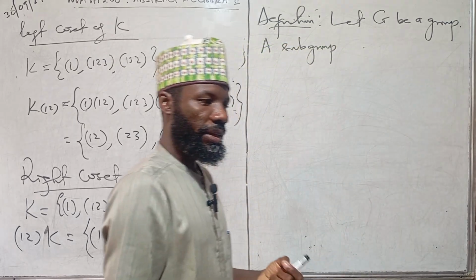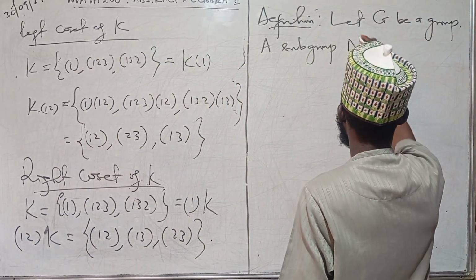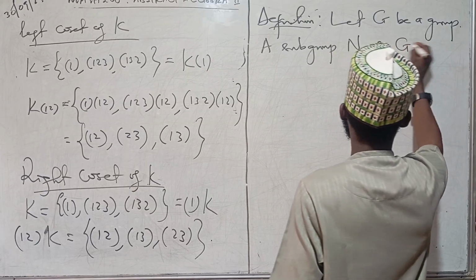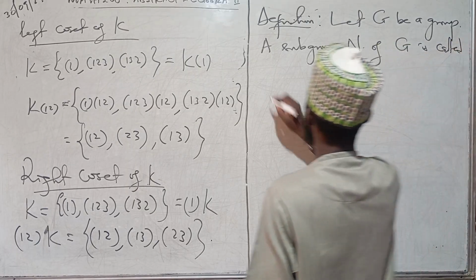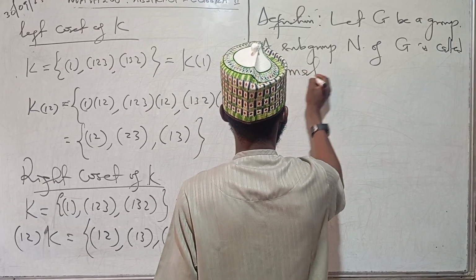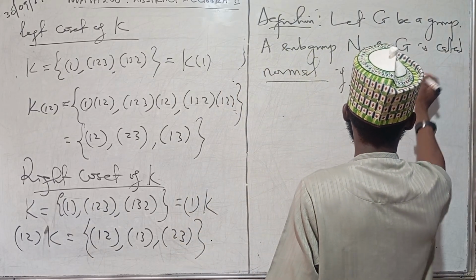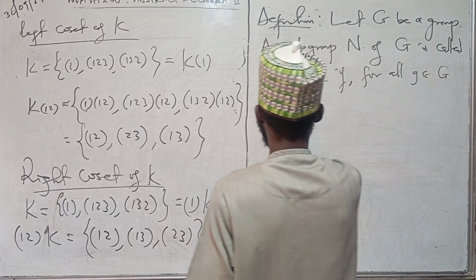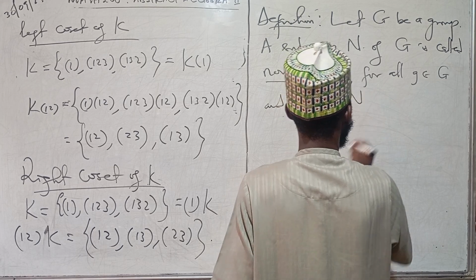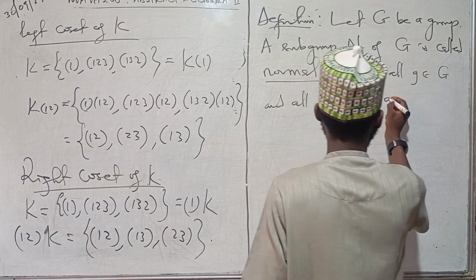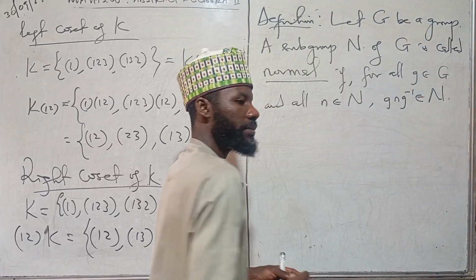To define a normal subgroup, you require a subgroup. So a subgroup N of G is called normal subgroup of the group if for all g in G and all n in N, the product g n g inverse is always an element of N.